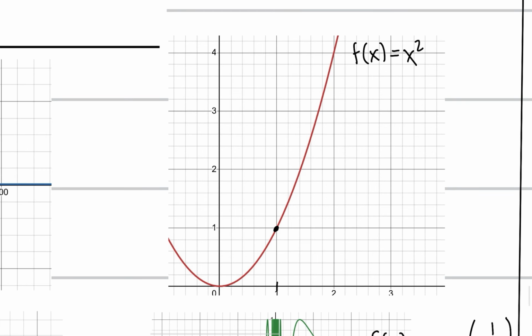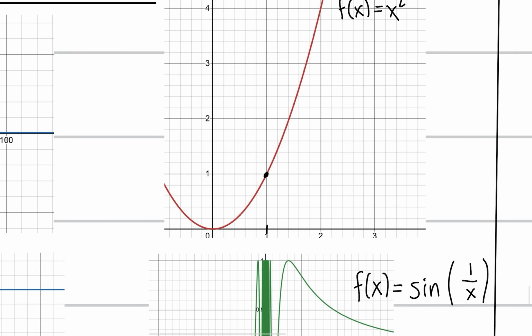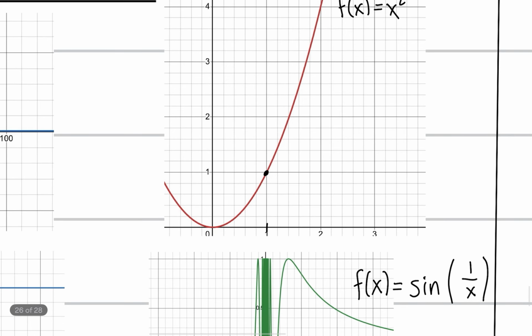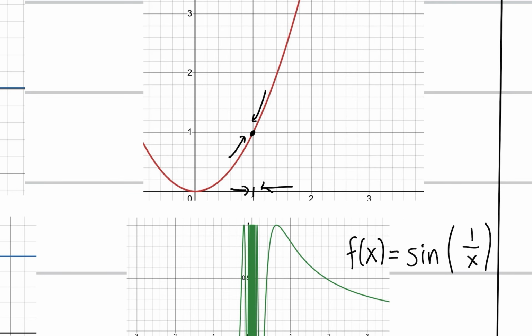Now, if we consider x squared, what is the limit as x approaches 1? When we're taking the limit, we're just saying we're approaching this point from both sides, from the positive and the negative, so this is the left and the right.